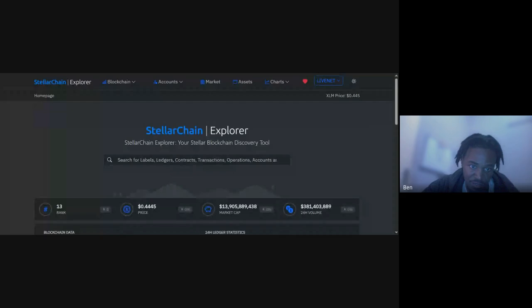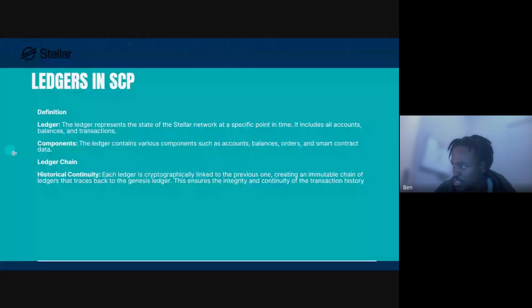So the ledger represents the state of the Stellar network at a specific point in time. It includes all accounts, balances, and transactions, like you saw. The ledger contains various components like accounts, balances, orders, and smart contract data. And the ledger chain, historical continuity.